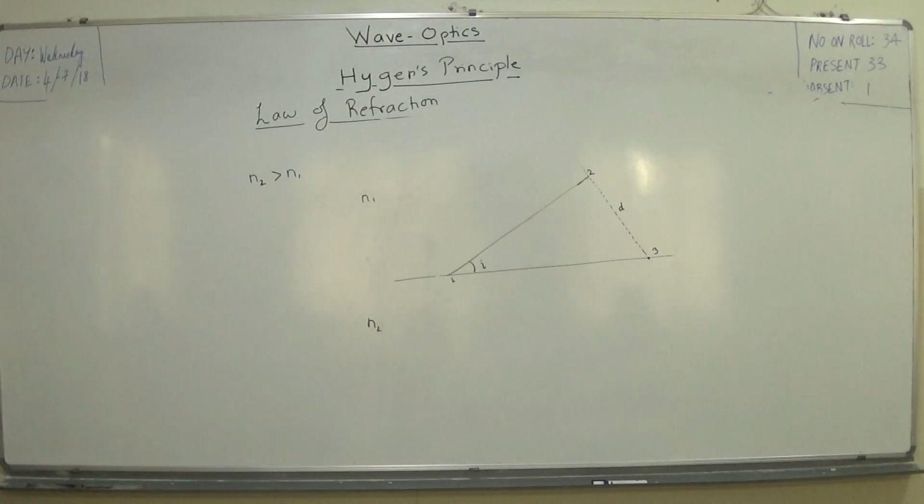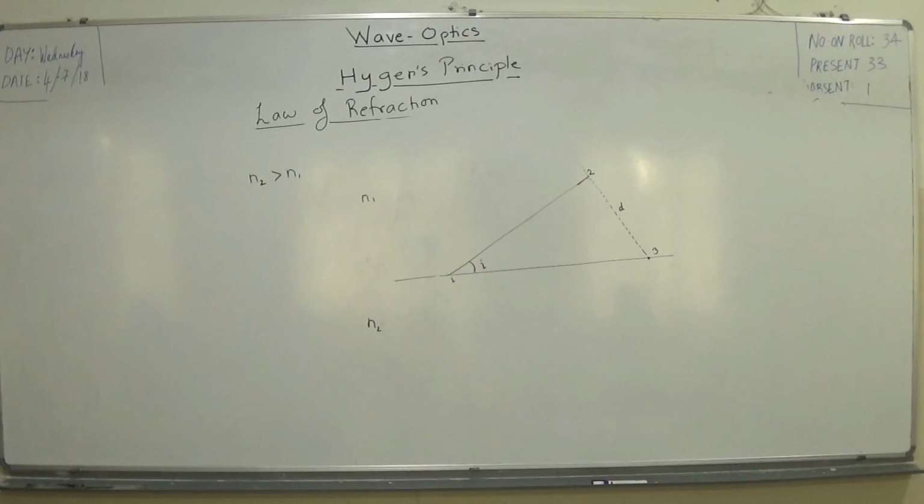N1 by N2 is equal to V2 by V1. Done? K is a constant.